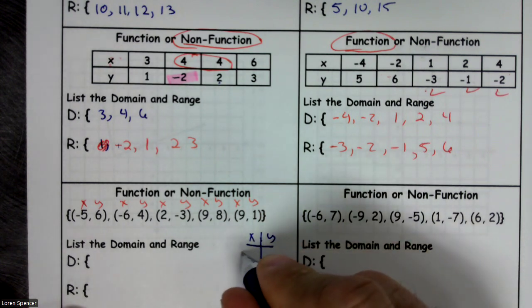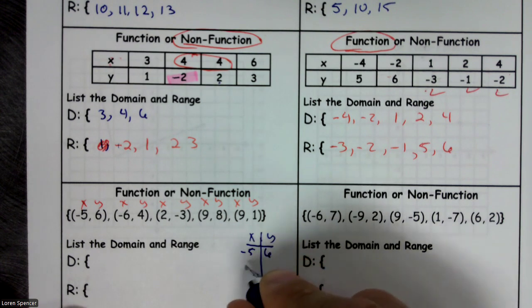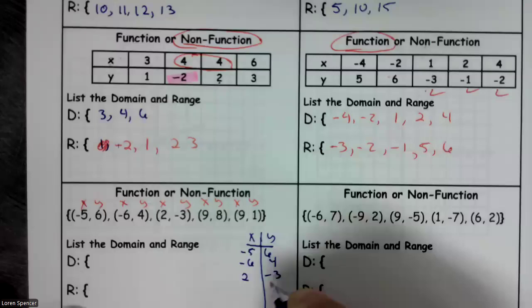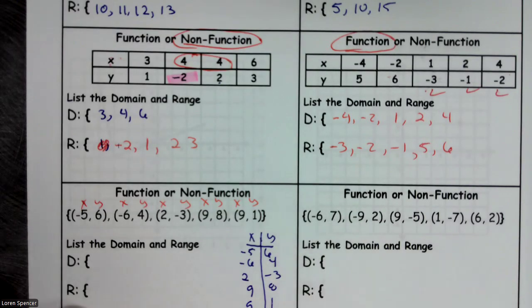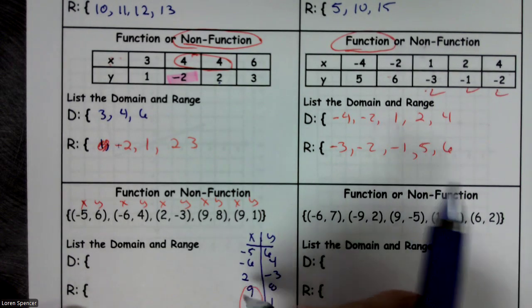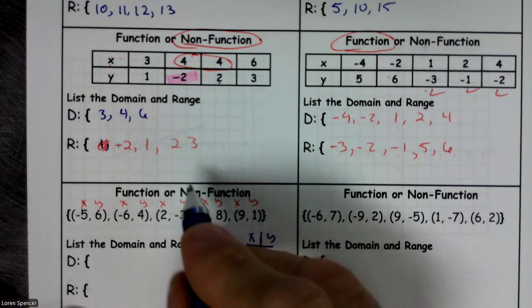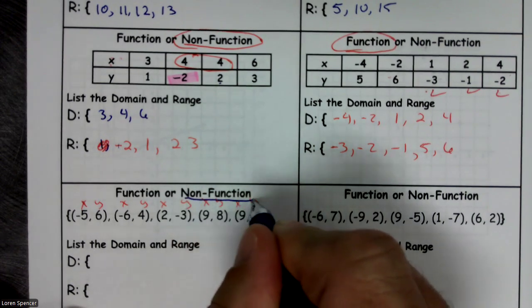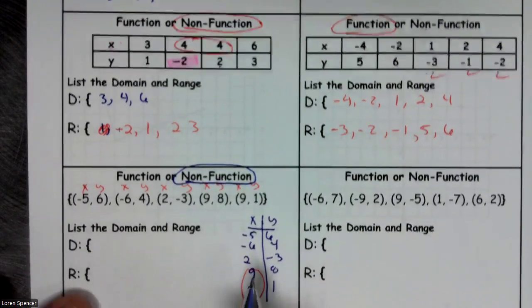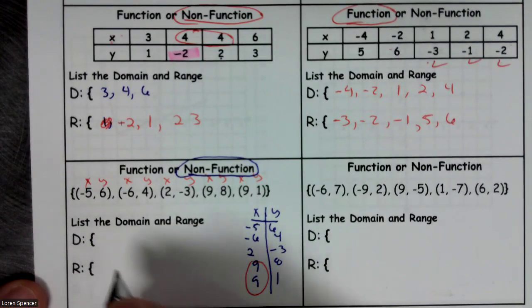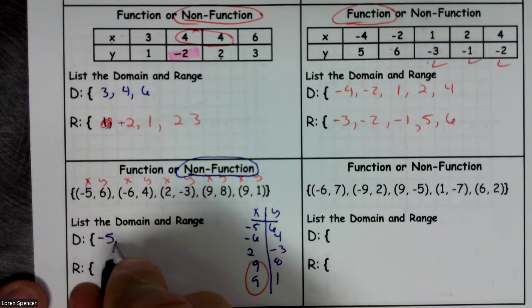And I see I have a negative 5, 6, a negative 6, 4, a 2, negative 3, a 9, 8, and a 9, 1. I see that these 9's repeat because there's a repeating in the x's. This is a non-function.